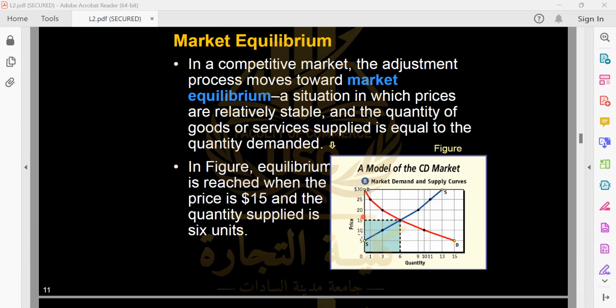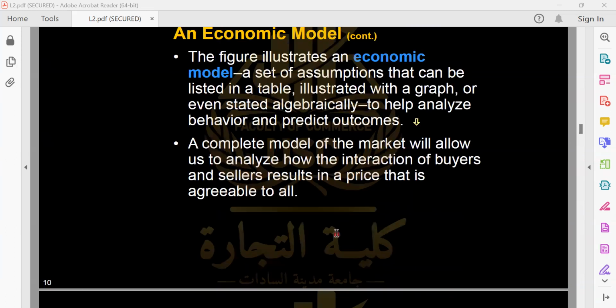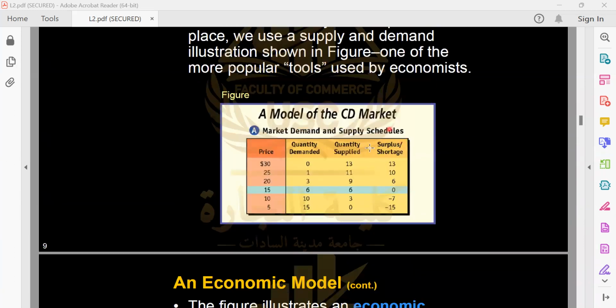So in this figure, our equilibrium is 15, when we have a price of 15 and a quantity of 6 units. That shows us a surplus or shortage equal to 0.